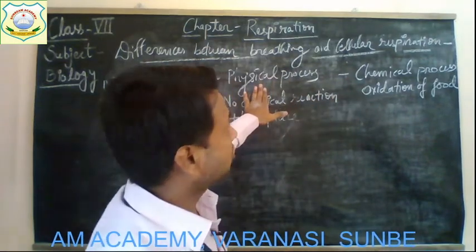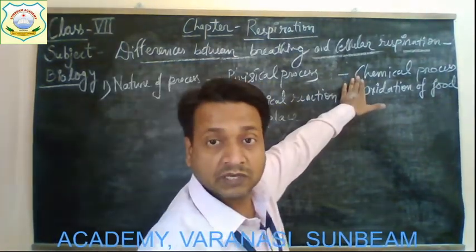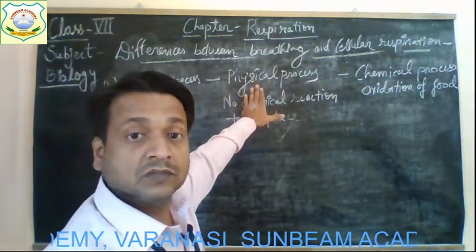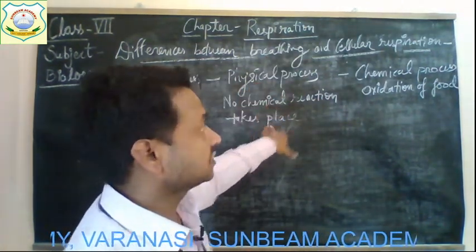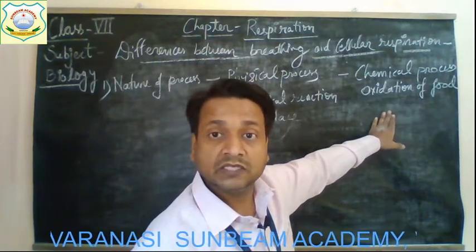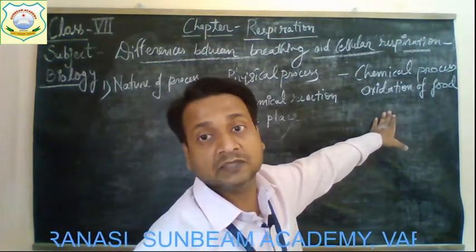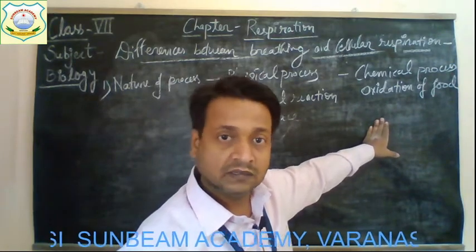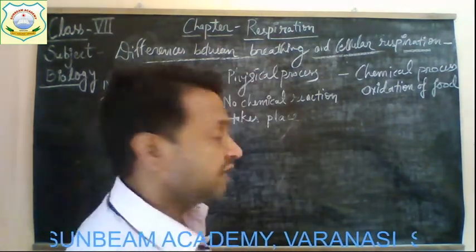Breathing is a physical process, whereas cellular respiration is a chemical process. In breathing, no chemical reactions take place, whereas in cellular respiration, a chemical reaction takes place in which oxidation of food occurs. Get it? Now come to the second difference.